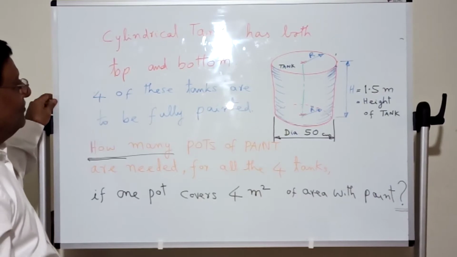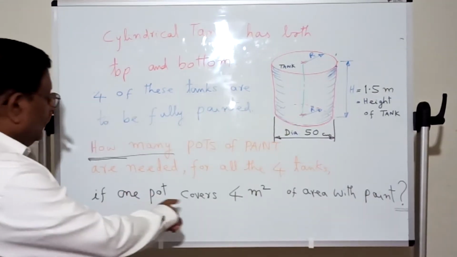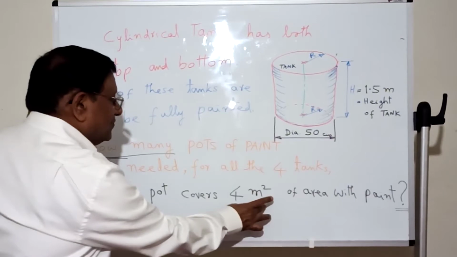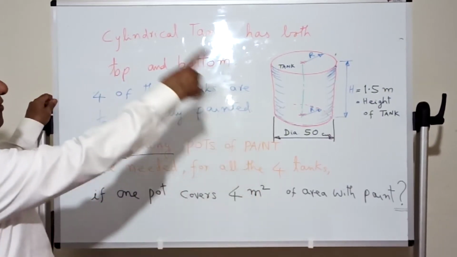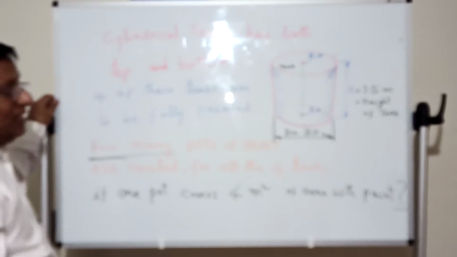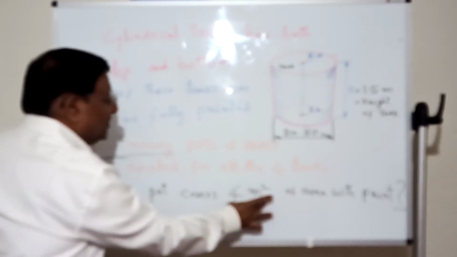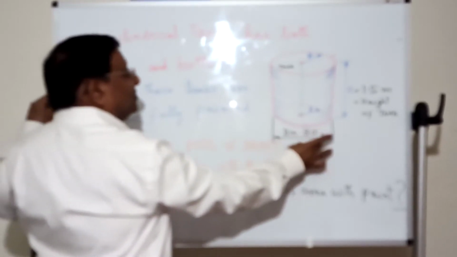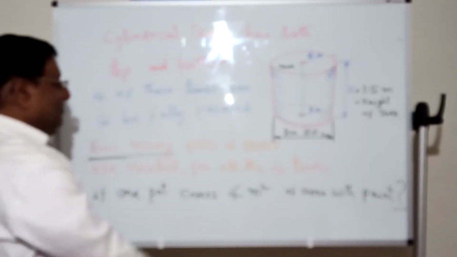Now, because one pot covers 4 square meters, all the units of the area should be in square meters. Otherwise, you have to change this into square centimeters if you want to use centimeters. But because this is 4 square meters, I can just convert 50 centimeters into meters.